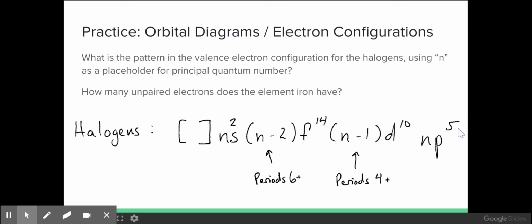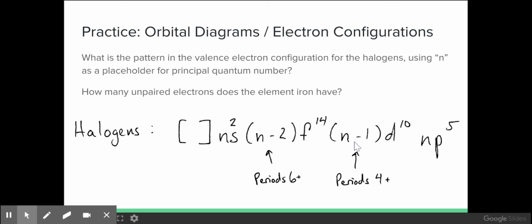Well, the pattern that all of the halogens follow, if we write its noble gas configuration, right, the noble gas followed by whatever the principal quantum number is of that period that we're in, S squared. If we're in period 6 and above, we have the energy level subtracted by 2, so if we were in period 7, that would be 5F14.